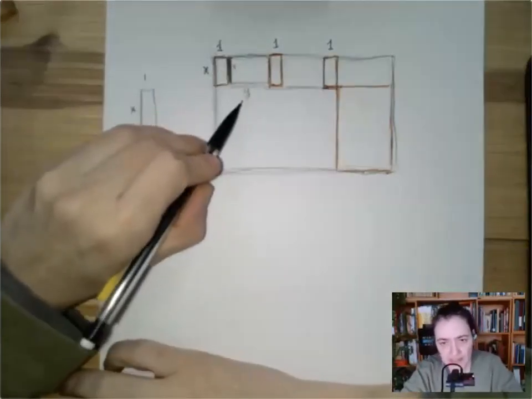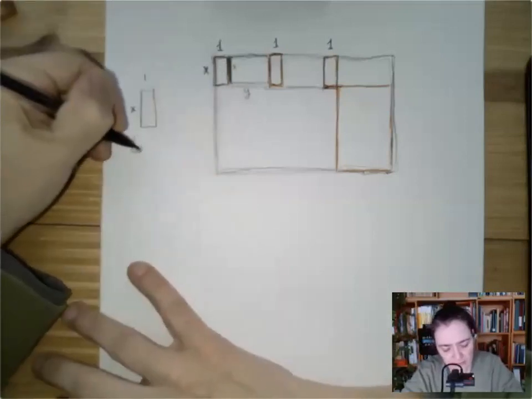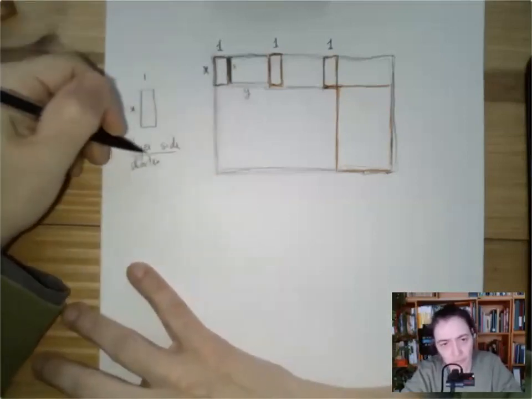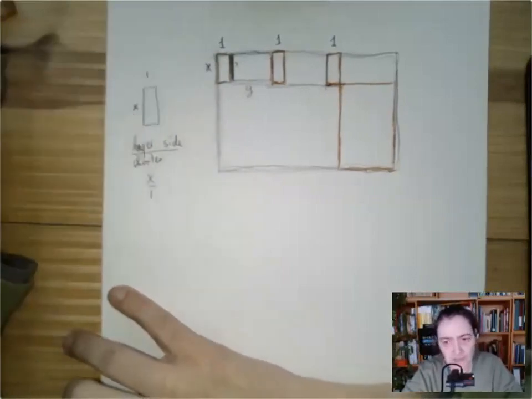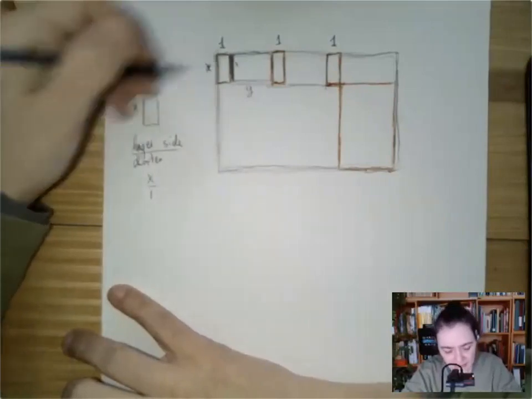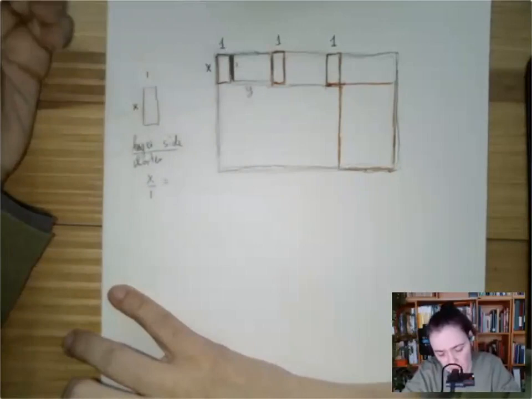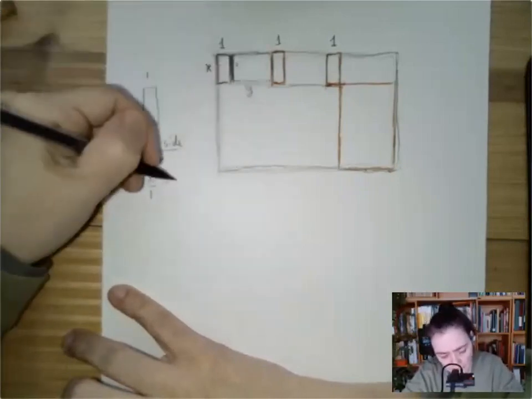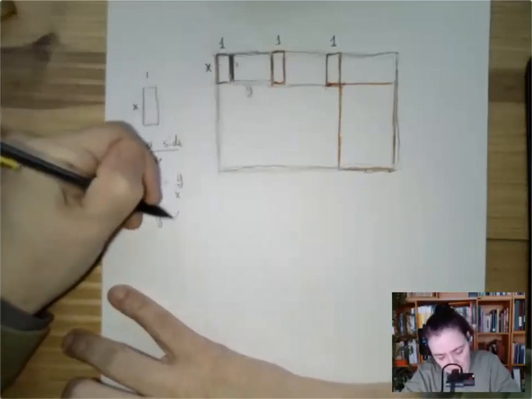So just for a split second, I'm going to call this y, and let's say the longer side divided by the shorter. I go for longer over shorter because then this is going to be x over 1, which is one of the easiest ways. And then in the other one, the same ratio is going to be y over x. And then we solve for y, we get that y is x squared.